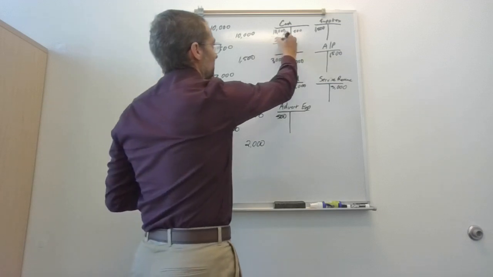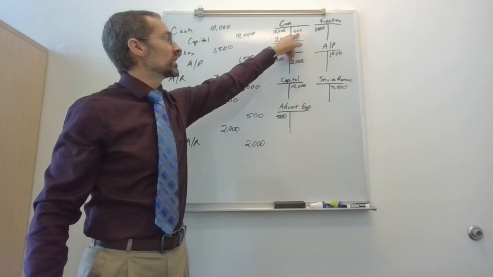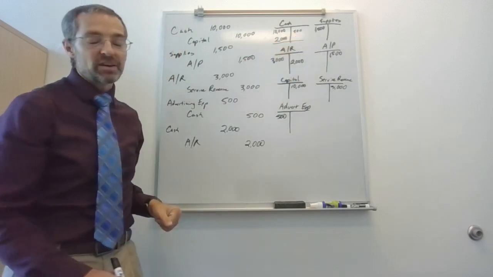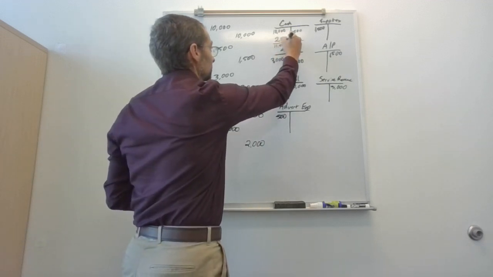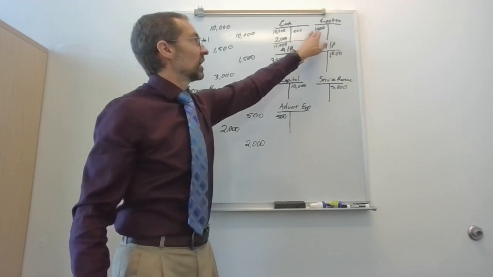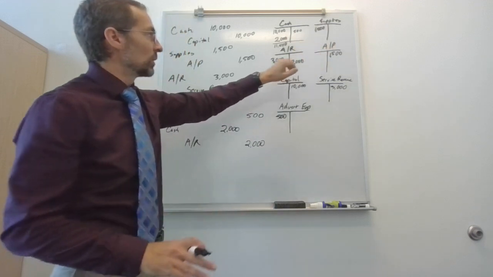For example, the cash account, I have 12,000 in debits and 500 in credits. So that means I have an 11,500 debit balance. Supplies, I only have one entry. It's a $1,500 debit, so I'm just going to leave that one.